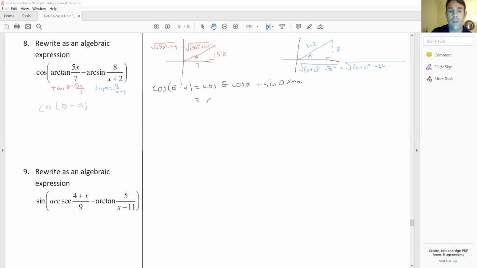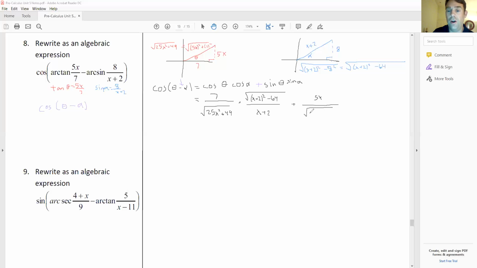So cosine of theta, that'd be 7 over an ugly denominator, times cosine of alpha, so x plus 2 squared all over x plus 2, plus sine of theta, that was 5x over that ugly denominator.